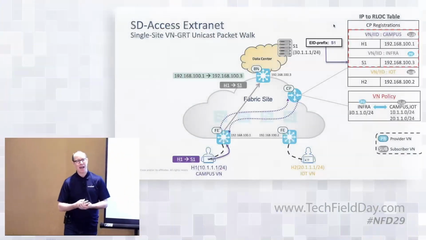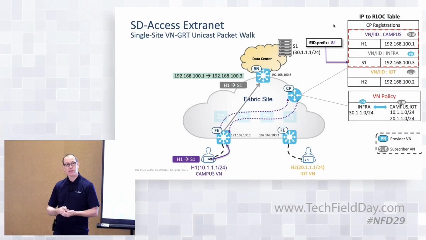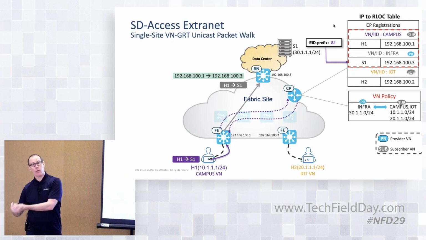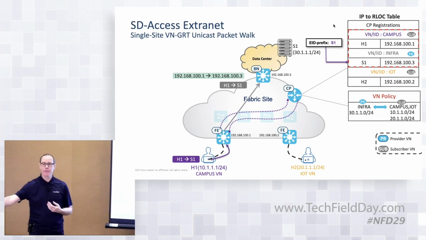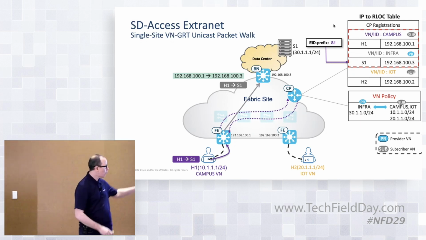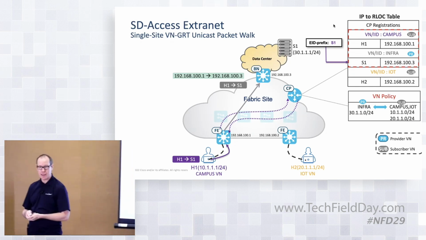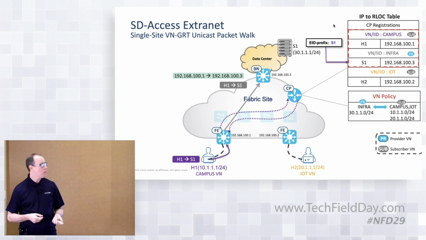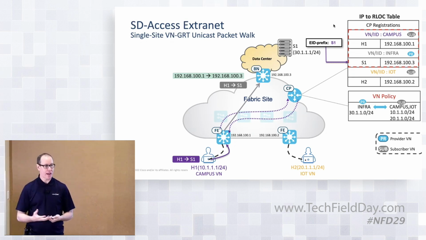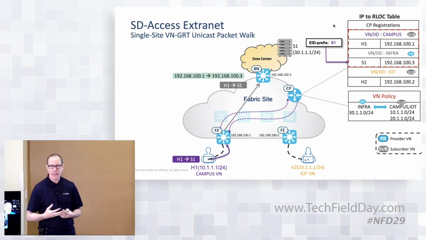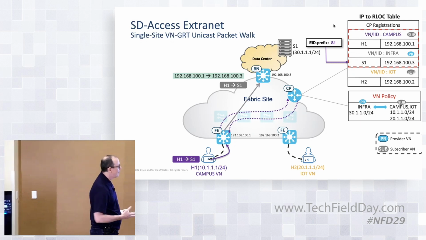It will look at the original packet information now, and it will see that 30.1.1.1 is available in the infra VN, and I will just simply forward the traffic on to server number 1 from the infra VN. So no longer will I have to rely on an external device to do any kind of route leaking. I can do that within the fabric.